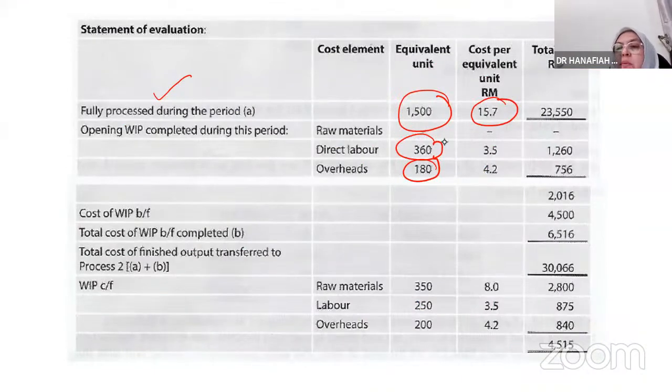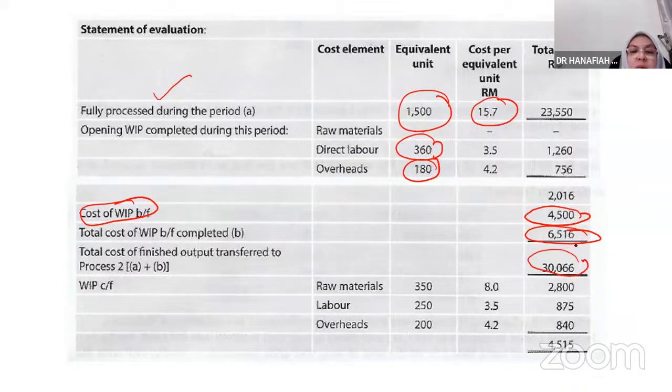You times 3.5 and 4.2, and then you have the cost of work in progress earlier mentioned in the question, 4,005, plus the total cost of work in progress before completed, which is 6,516. You add that too, and then you will have the total.